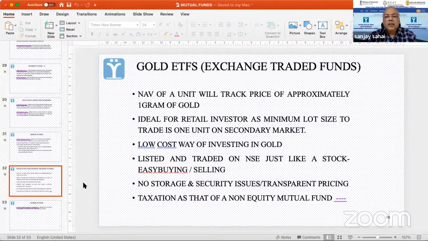And in this particular case, the taxes also are low, so it's good for you in that way. So this is another product available in mutual funds for buying gold and continuing with that. This is more or less the only slide which I had not covered last time. So this brings us to the end of this section.